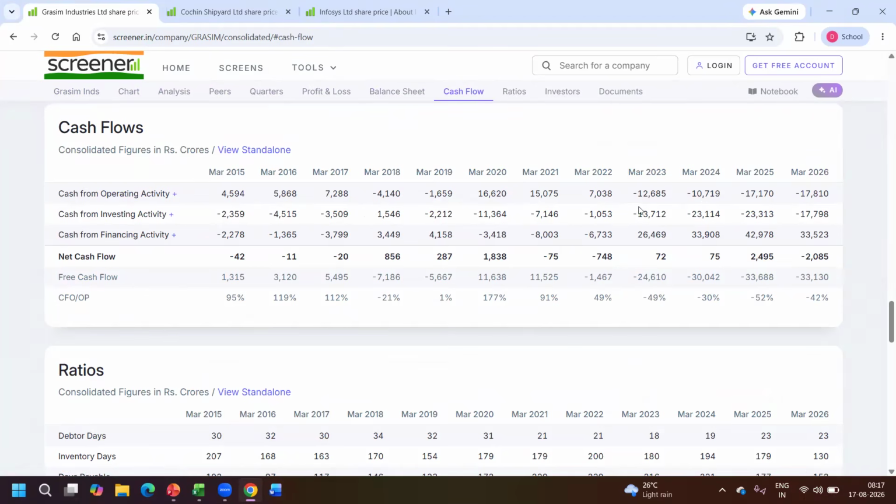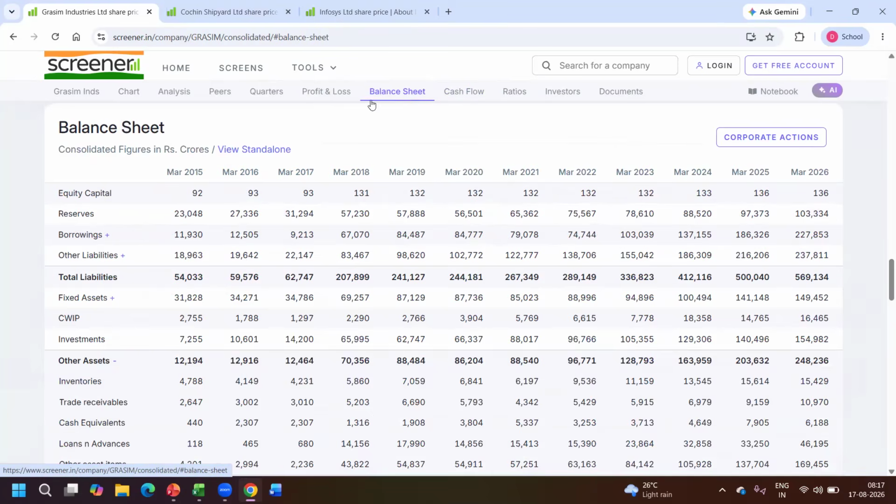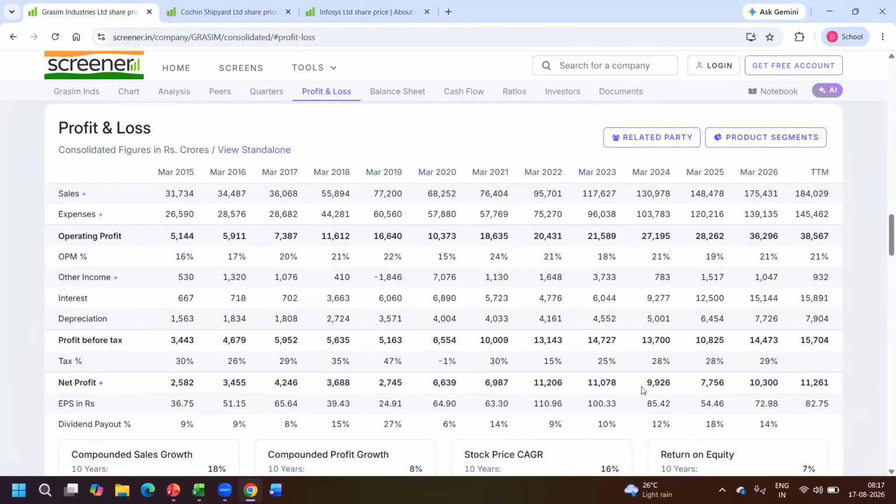We can see that it is negative 12,000 crore, negative 10,000 crore, negative 17,000 crore, negative 17,800 crore. Whereas during the same period, the profit of the company has been positive 9,000, 7,000, 10,000 crore, and 11,000 crore.